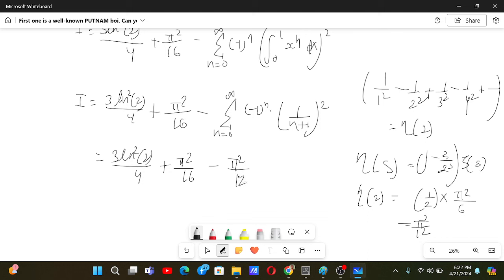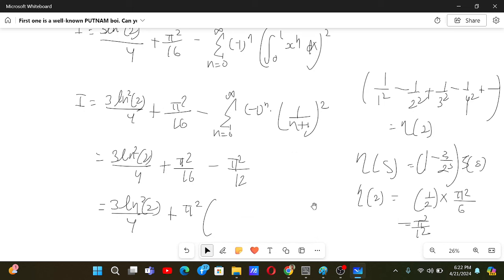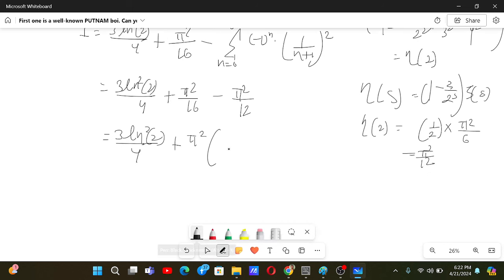Now if I write 1 by 16 minus 1 by 12 in the calculator, I get minus 1 by 48. So we have 3 ln squared 2 by 4 plus pi squared, and the LCM will be 48 itself, 16 times 3 minus 12 times 4.